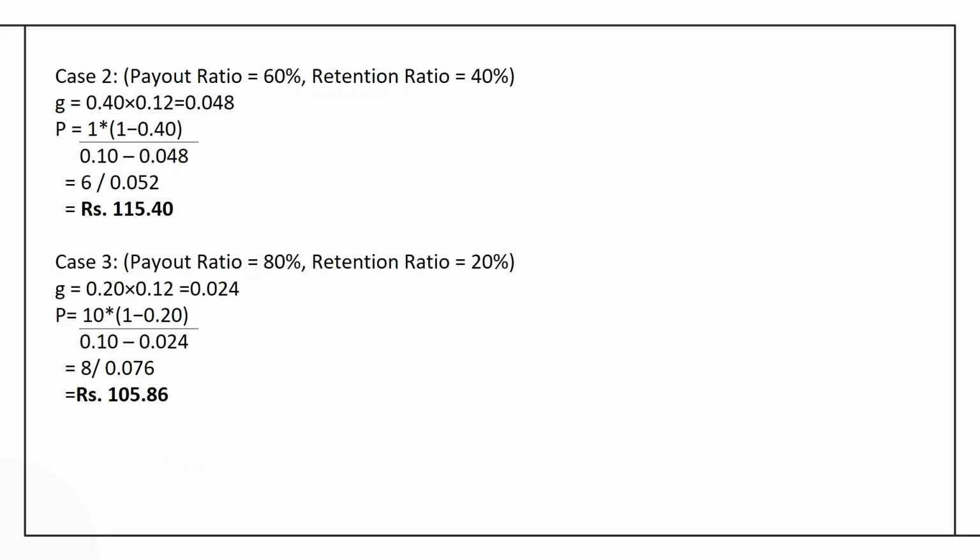We can say when the payout ratio is increased to 60%, resulting in a retention ratio of 40%, let us find out the growth rate, which is nothing but the 40%, that is the B or retention ratio, multiplied with 12%, which is applicable to a growth company, which gives us 4.8%.